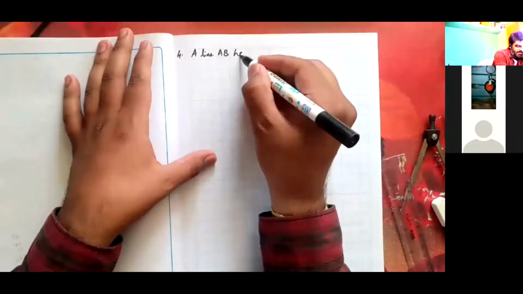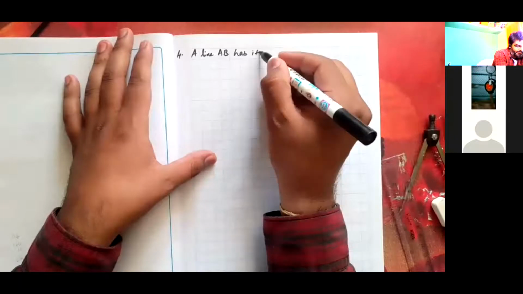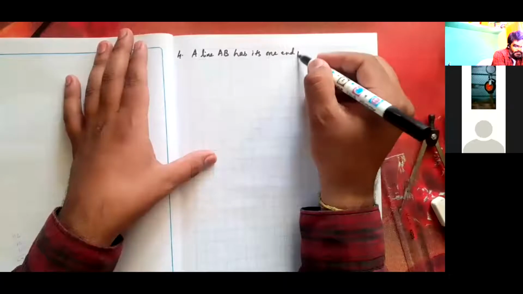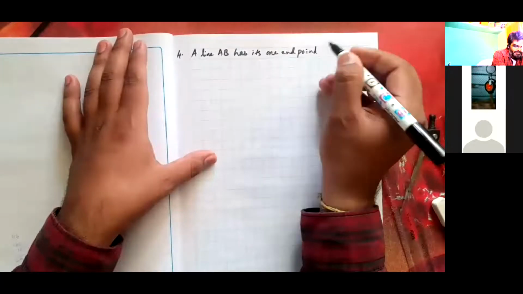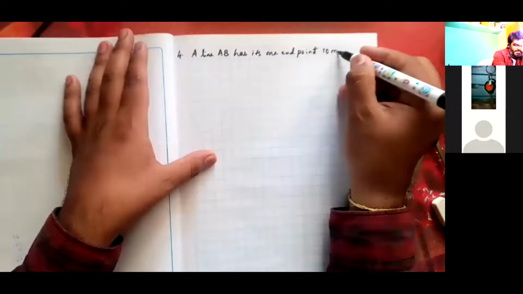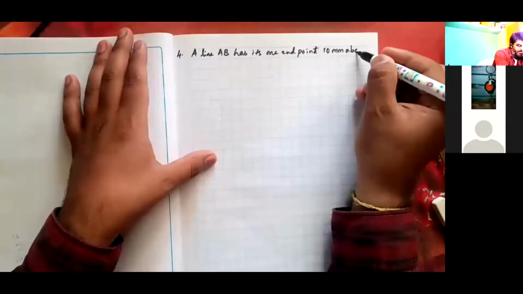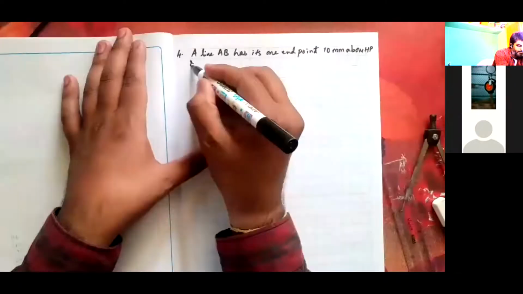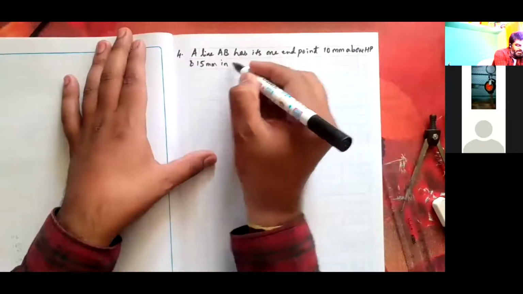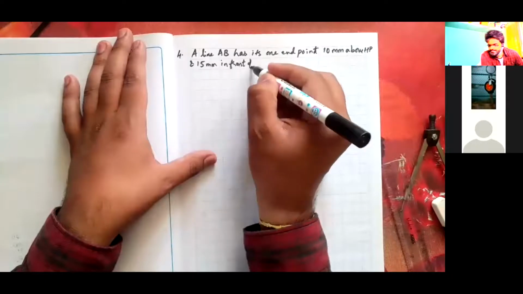The line AB has its one end point 10 mm above HP and 15 mm in front of VP.